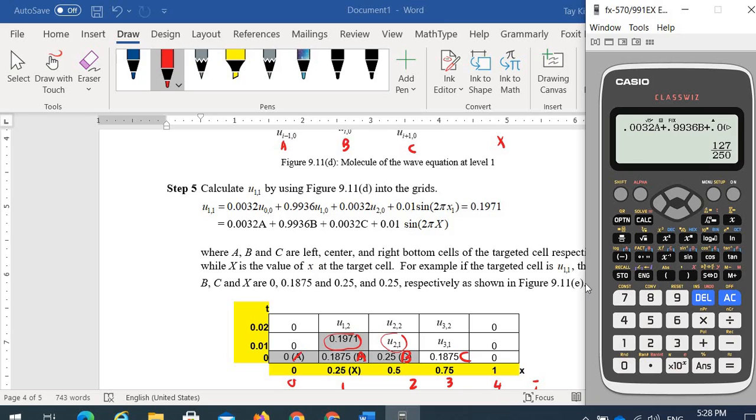Okay, sorry, I need to change the X of 0.25 to 0.5. A is 0.1875, B is 0.25. I'm going to calculate here.